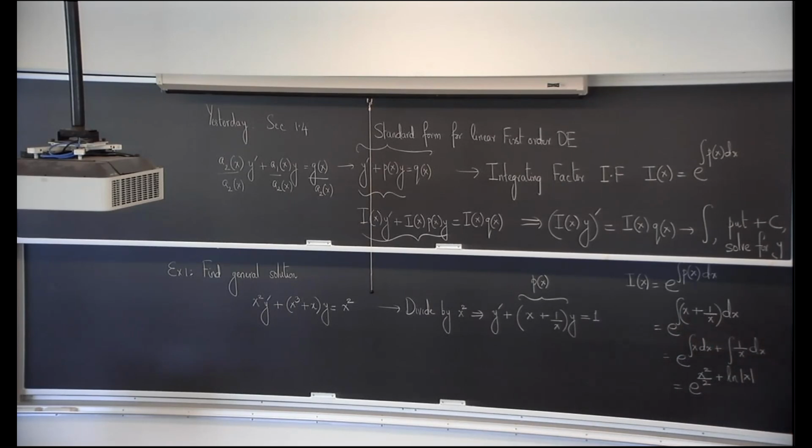Right, so if you do that, you get e to the power of x square over 2 plus the natural log of x. If you are not sure whether x is strictly positive or not, put an absolute value.